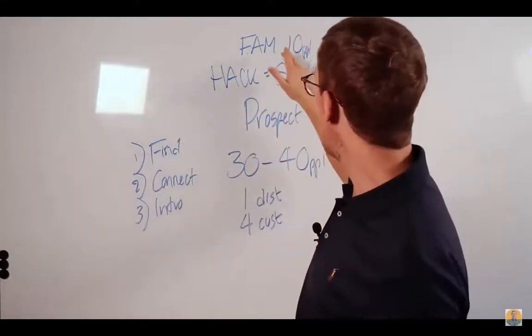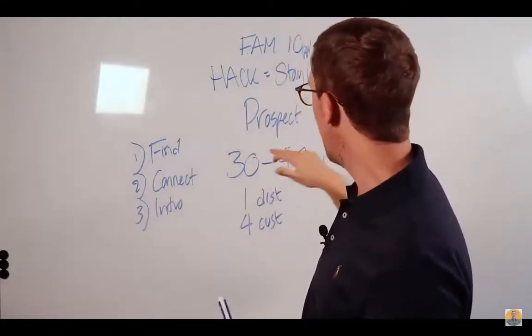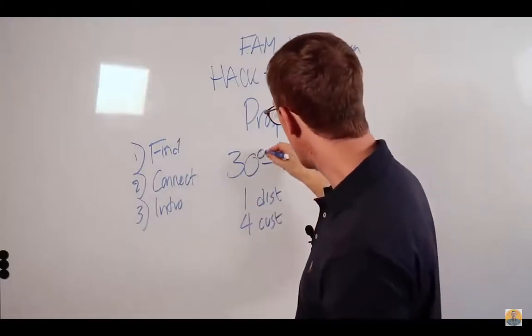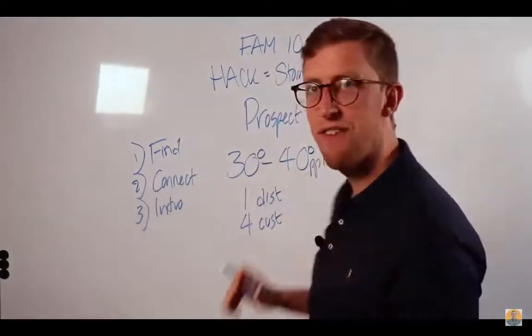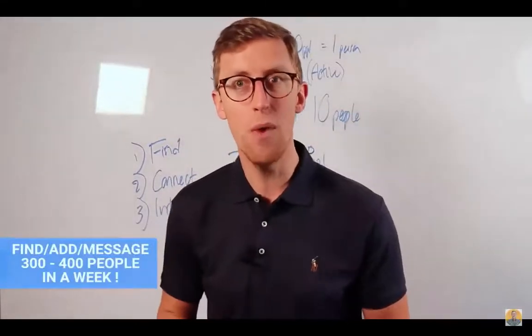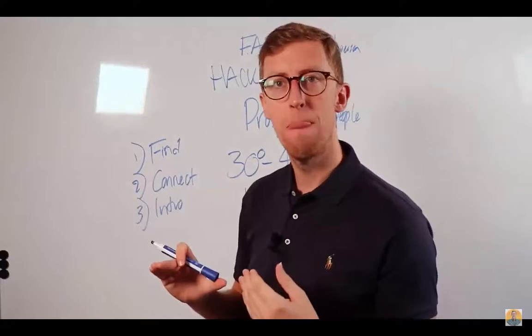So if we found out that for every message, 10 people will have one conversation, then in order for us to get 30 to 40 conversations, we're going to need to add a 0 to these numbers. We're going to have to add and message 300 to 400 people in a week to have 30 to 40 people in conversation with, all right?